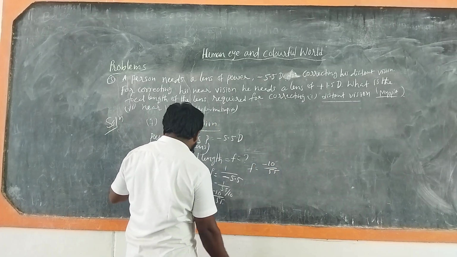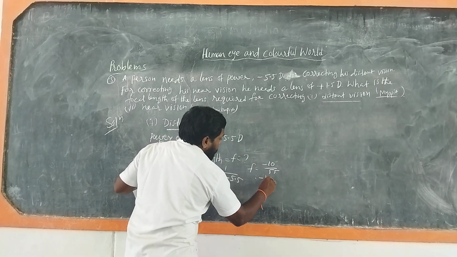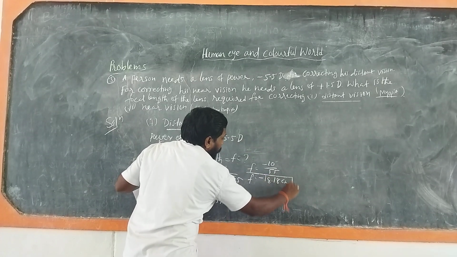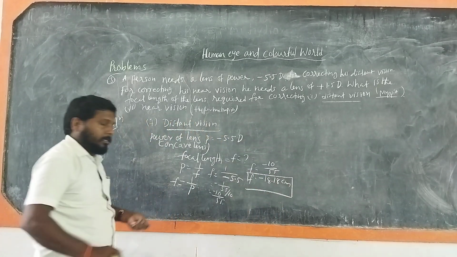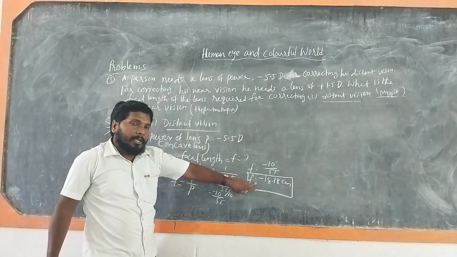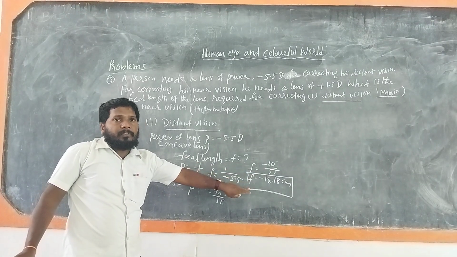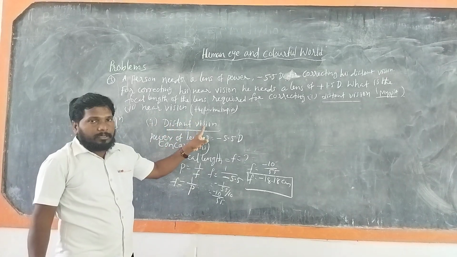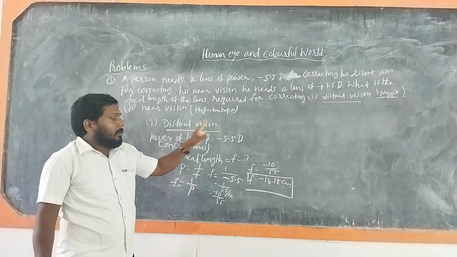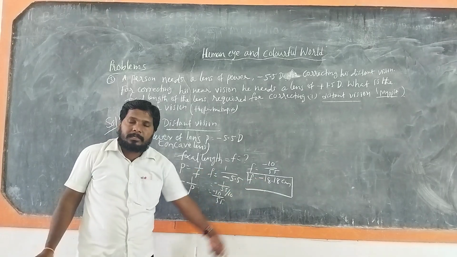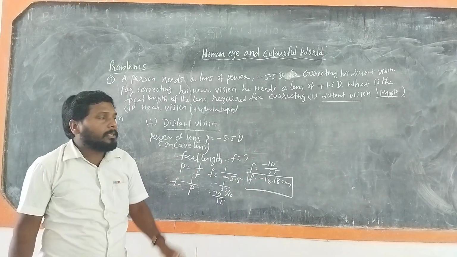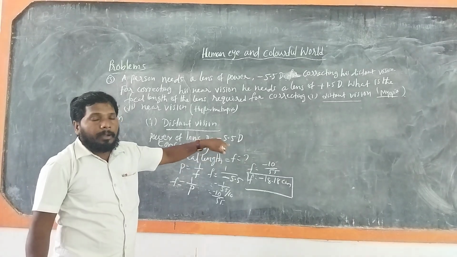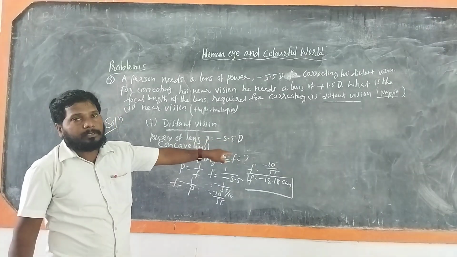After simplification, we get minus 18.18 centimeters. The focal length of the concave lens used for correcting distant vision, that is myopia, is minus 18.18 centimeters. The power of the lens is minus 5.5 diopter.